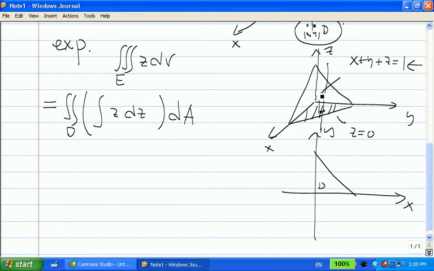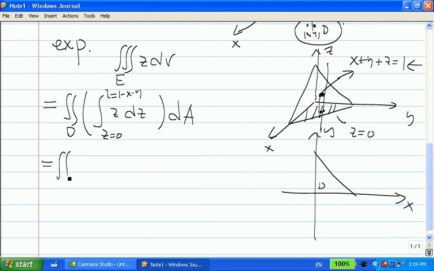Keep going up until you hit this surface. What is that surface? Which is this plane. So your bottom surface is z equal to 0. Your top surface is z equal to 1 minus x minus y.